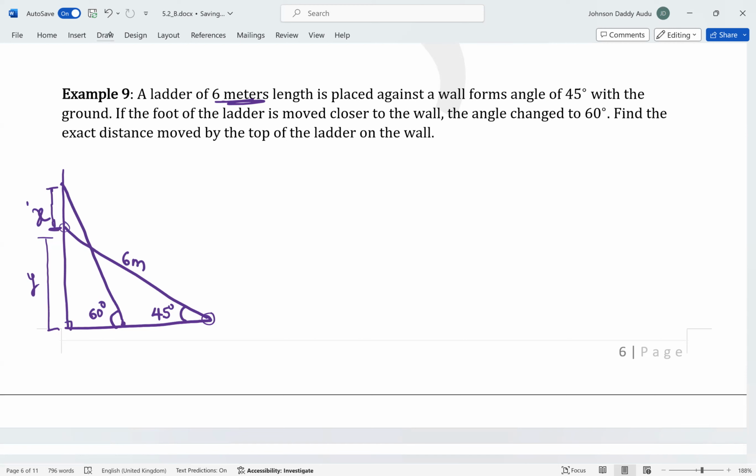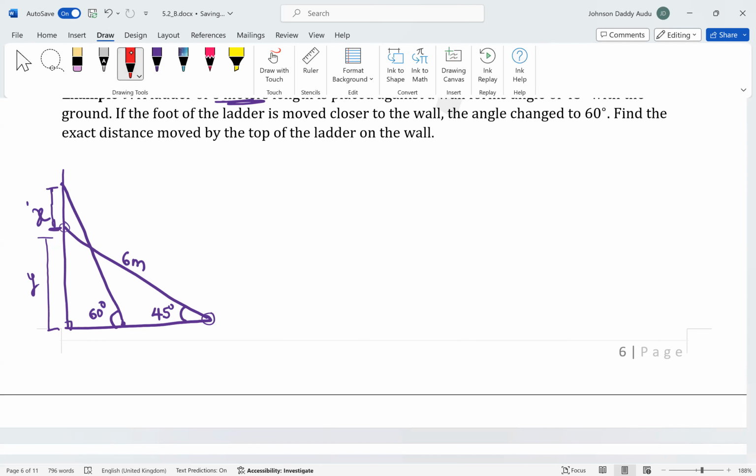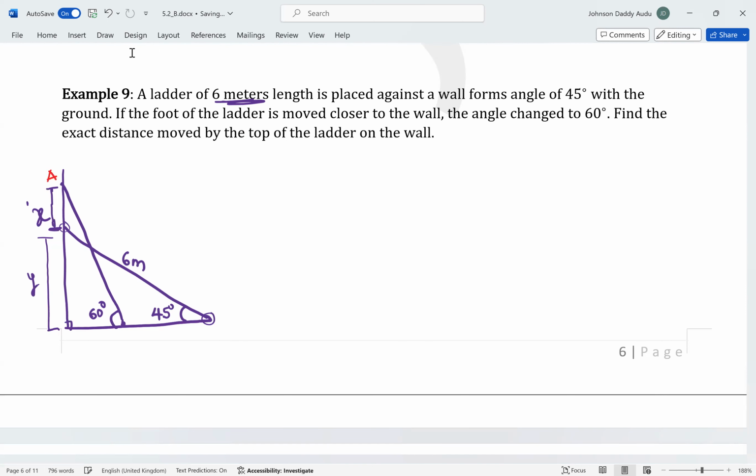What do we mean? Let's do some labeling here. Let's call this A. Let's call this B. Let's call this C. Then this point, let's call it D.